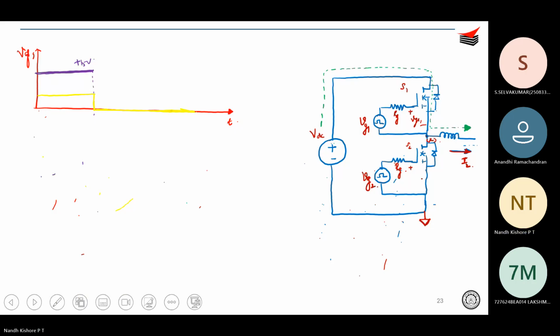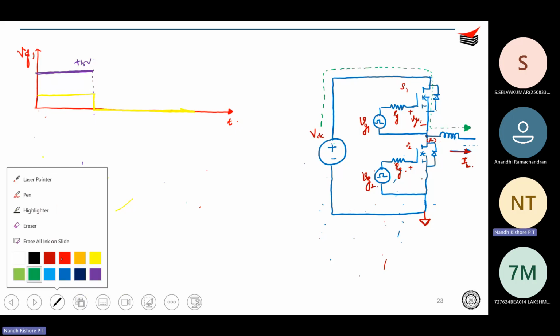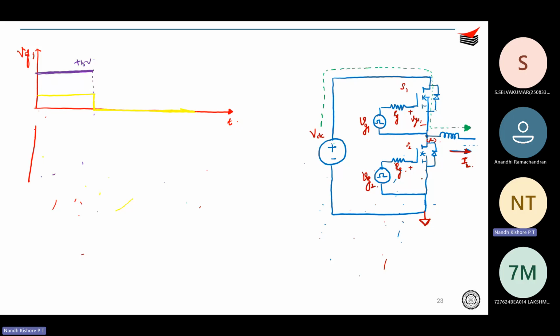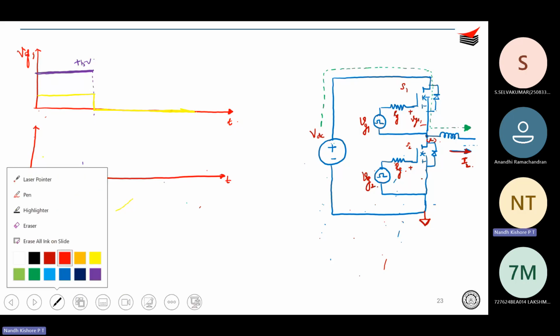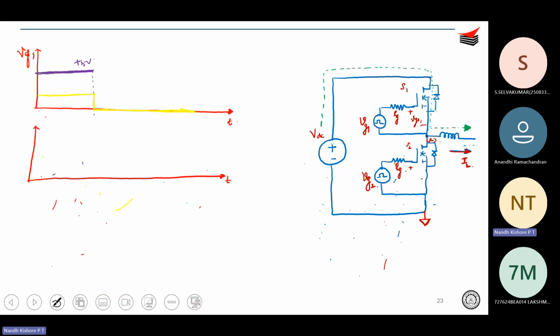Let's draw the other state variables as well. The device was conducting a constant current of IL.